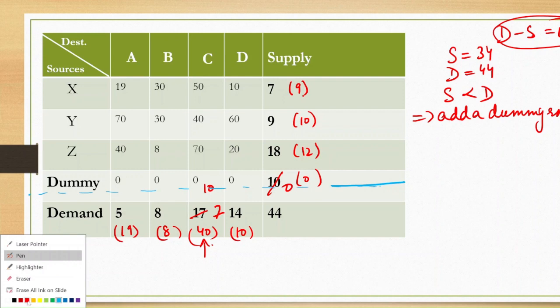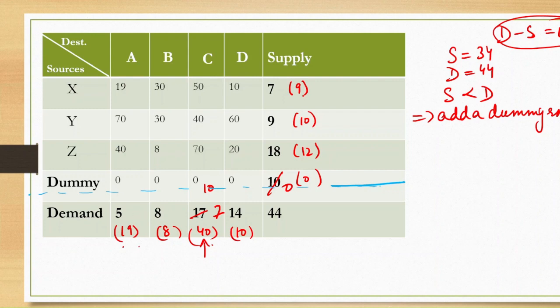Now moving ahead, calculating again. So now this will change. So 40 minus 19 would be 21. This is 30 minus 8, that's 22. This is 10. This is again 10.